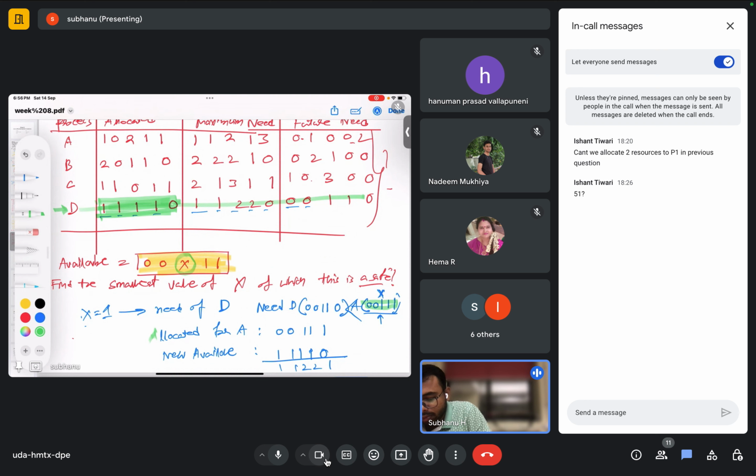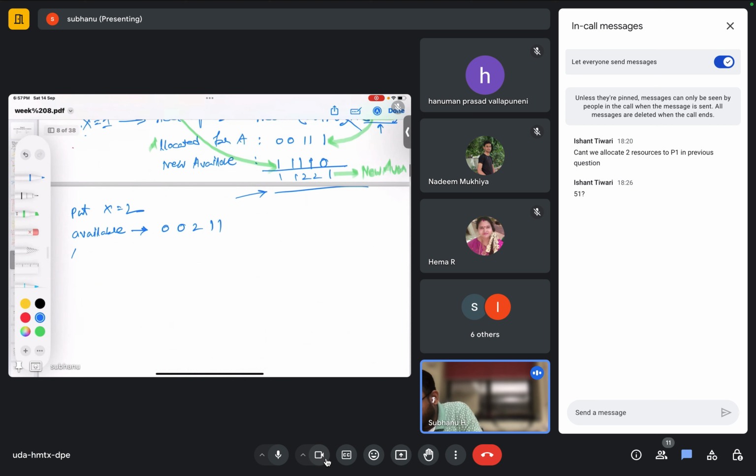So what I can do is put x is equal to 2. If x is equal to 2, then we start from the beginning. Available resource is 0 0 2 1 1. The new available is 1 1 0 2 1.